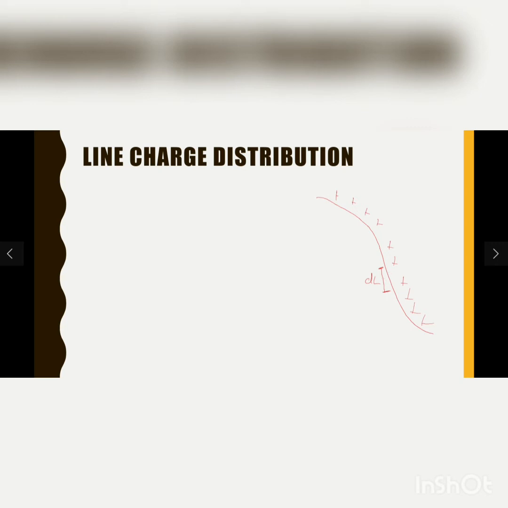Now I will take the contribution of this small element dl, and to take that contribution, first I need to define lambda. Lambda is my linear charge density. It is defined as charge per unit length of the line at that particular point.